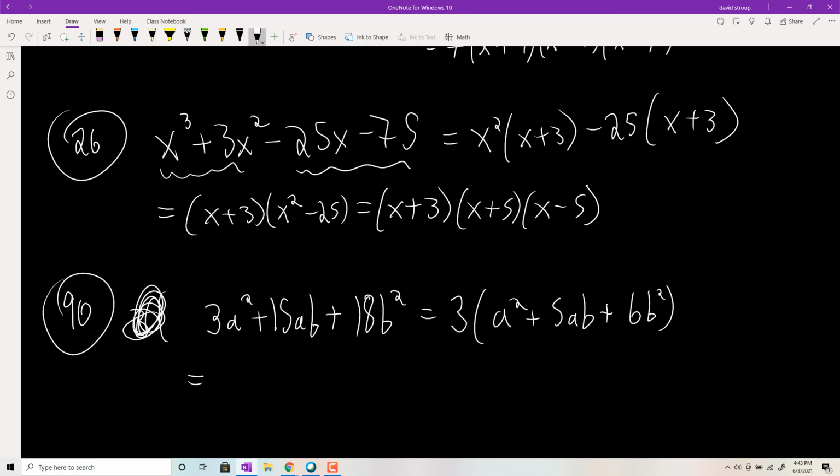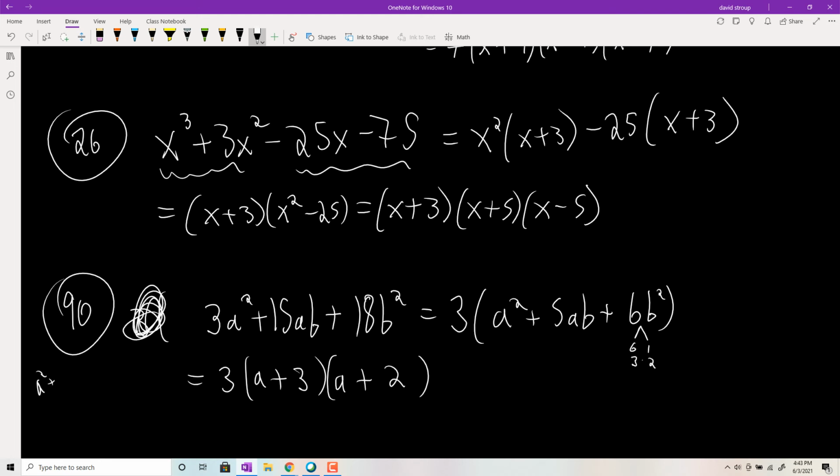And then that thing, well, it's not a perfect square trinomial. It has to be a and a. It has to be plus and plus. The only question is factoring this so that it adds to 5, right? So 6 and 1 will add to 7. That won't work. 3 and 2, that'll work. Okay. So it's got to be 3 and 2. Let's just make sure that it foils correctly.